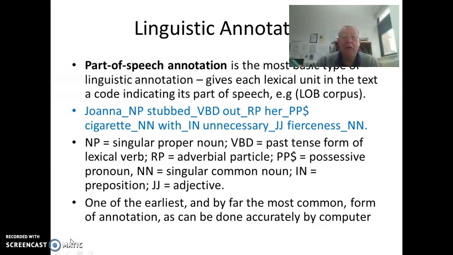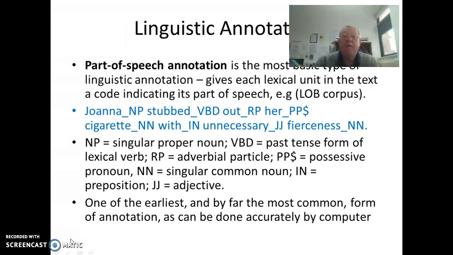Stubbed_VBD shows that stubbed is the past tense form of the lexical verb. Similarly, out is an adverbial particle, her is a possessive pronoun, cigarette is a singular common noun, with is a preposition, and unnecessary is an adjective.